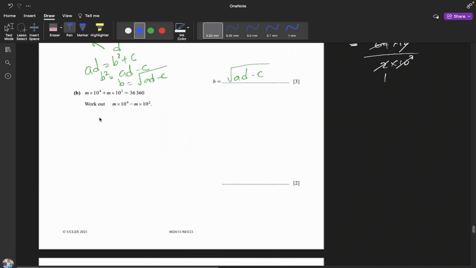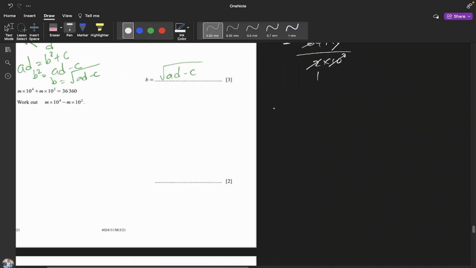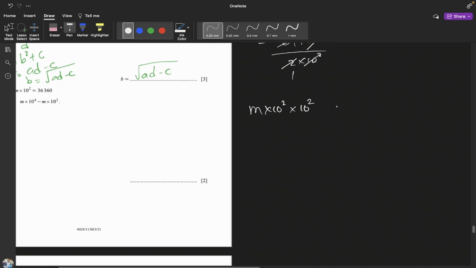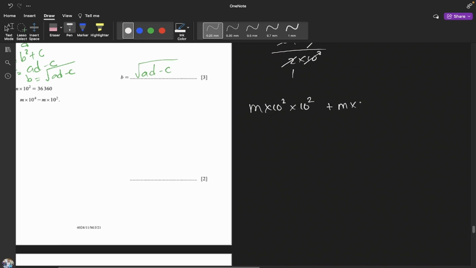Okay, let's go to the B part. In B part, m into 10 to the power of 4 plus m into 10 to the power of 2 is 36,360. I can write it like this, right? m into 10 to the power of 2 multiplied by 10 to the power of 2 plus m into 10 to the power of 2 is equal to 36360, right?